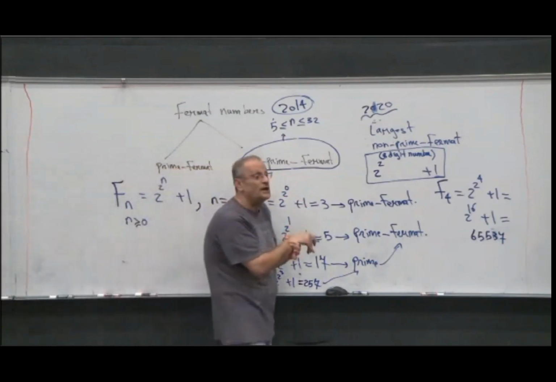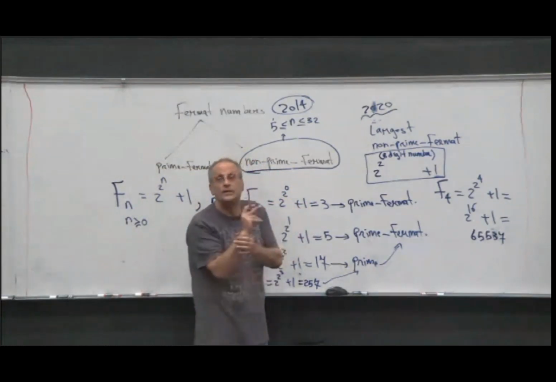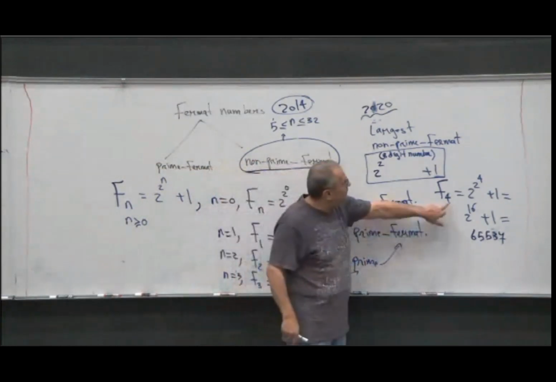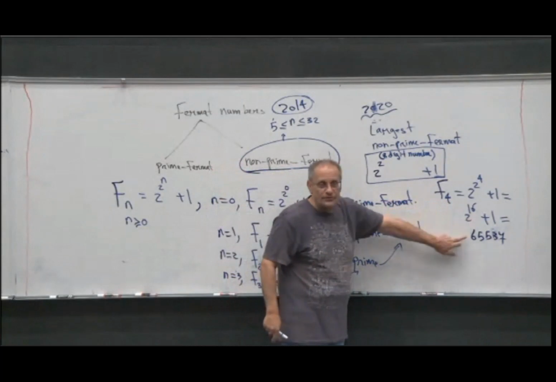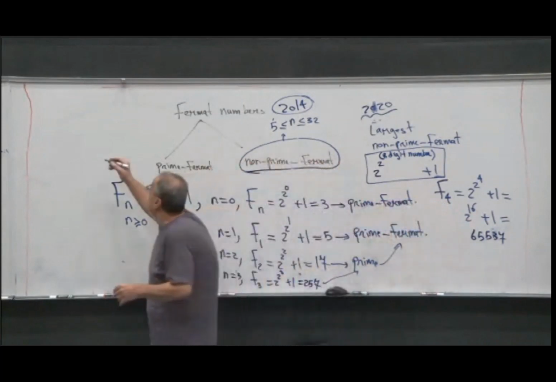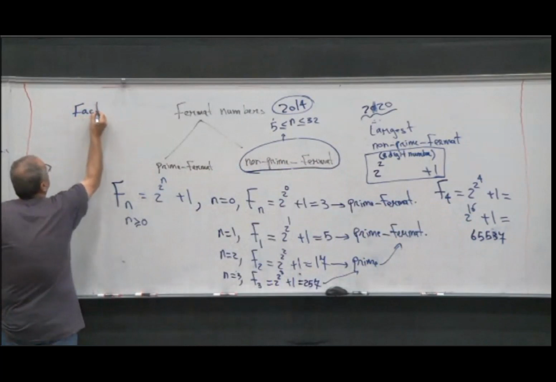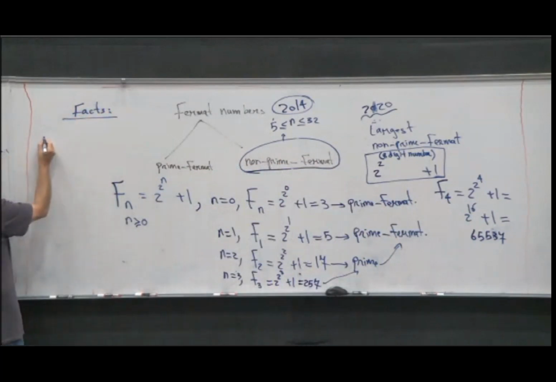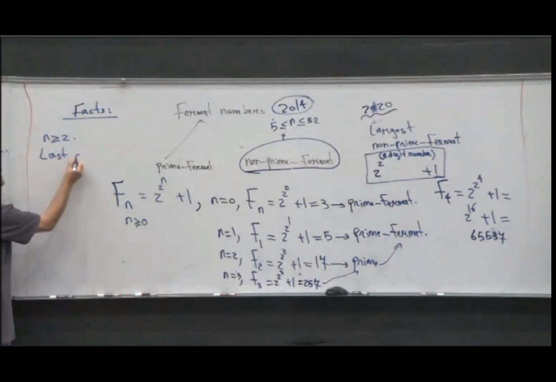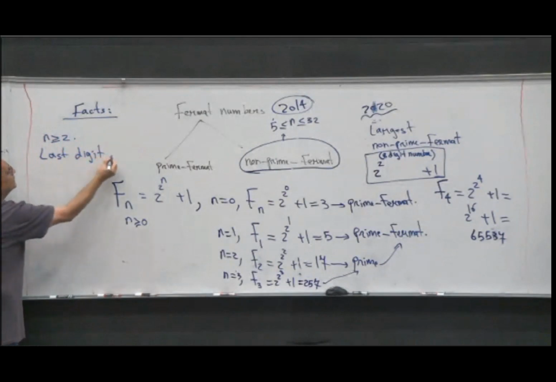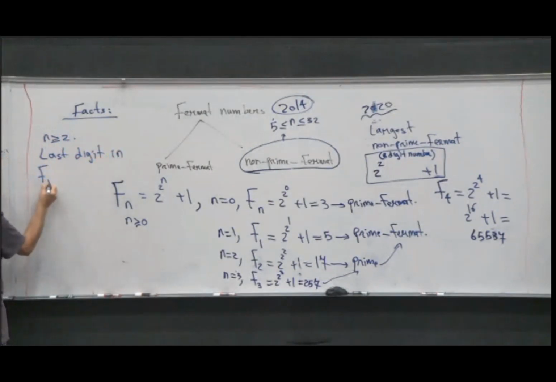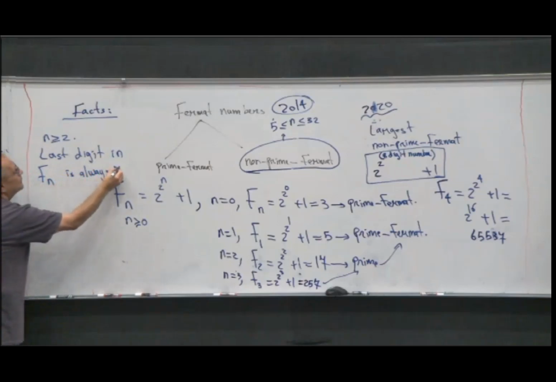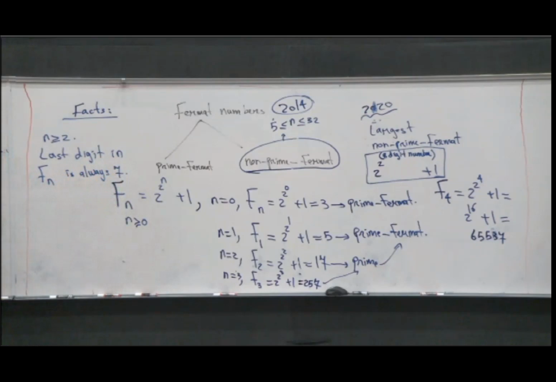Okay. Another thing amazing about Fermat numbers. Look at this. This is a prime. But in general, here is a fact. For n bigger or equal to 2, the last digit of Fn, and this is a fact, they proved it, is always 7.